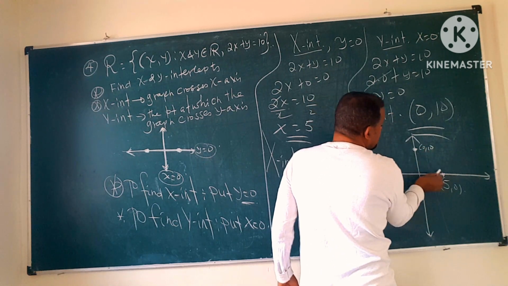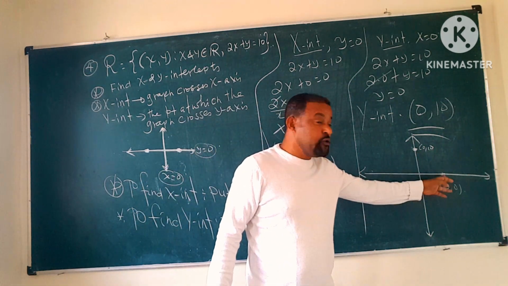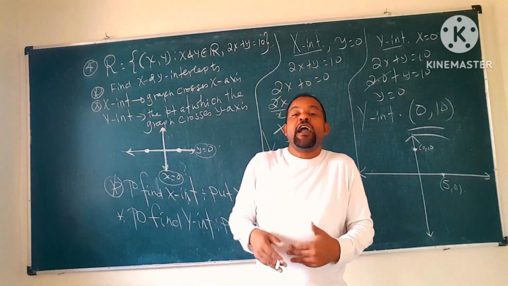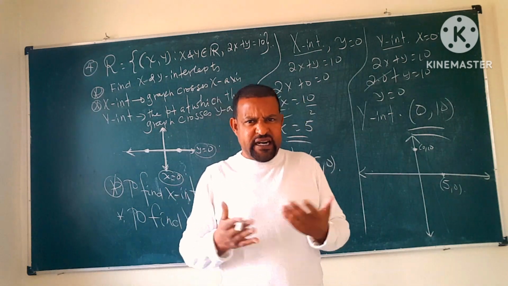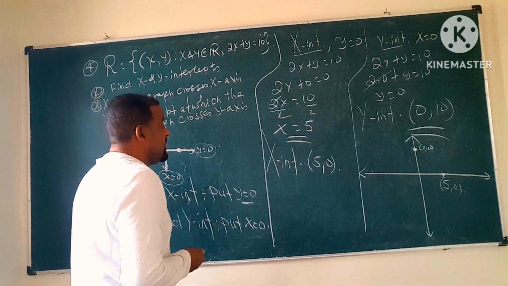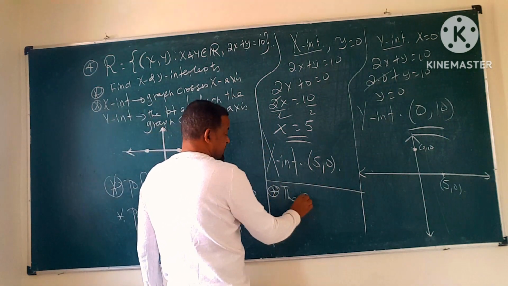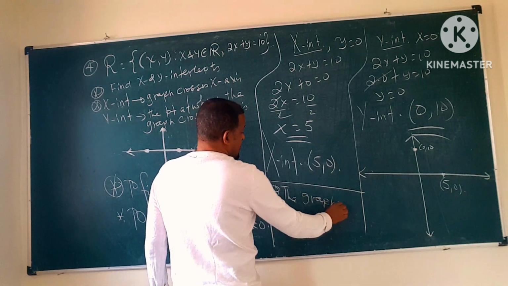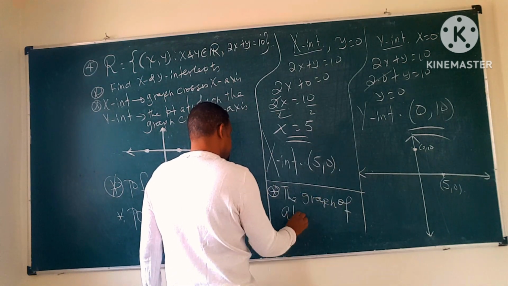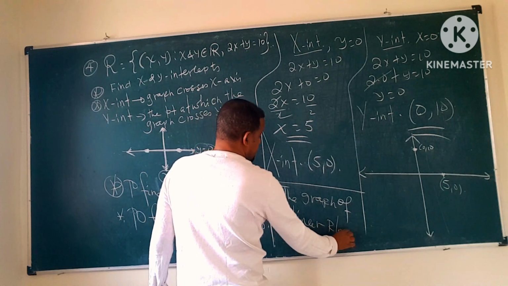ስለዚህ ግራፋችን ሁለቱ ፖይንት ላይ ያርፋል ማለት ነው። ግራፋችን ሁለቱ ፖይንት ምን ማድረግ አለበት? ጆይን ማድረግ አለበት. You know that the graph of a linear equation is a straight line, okay? The graph of a linear relation is a straight line. Don't forget this, okay? The graph of a linear relation is what?